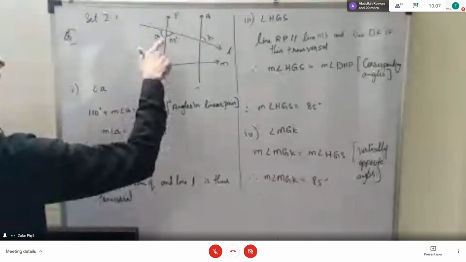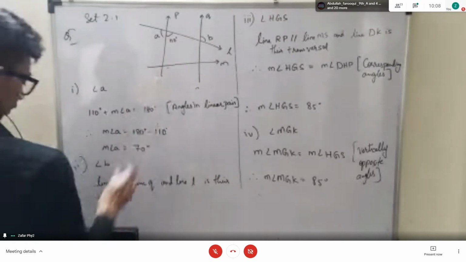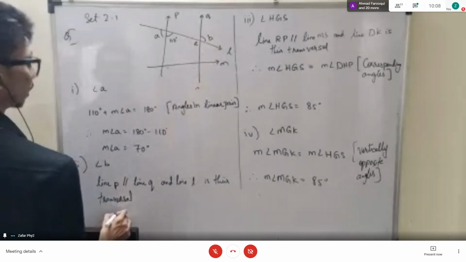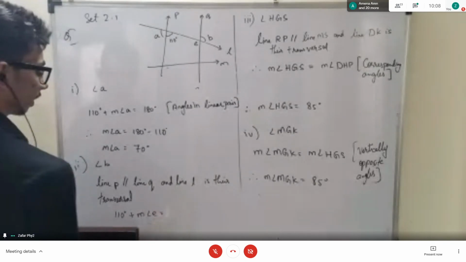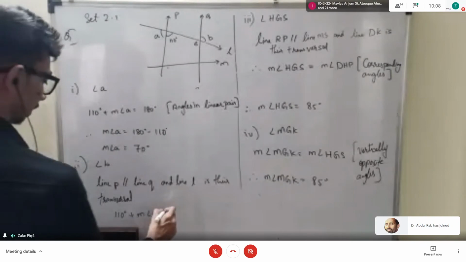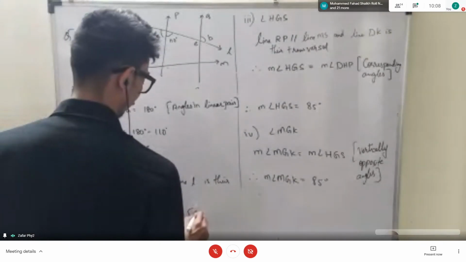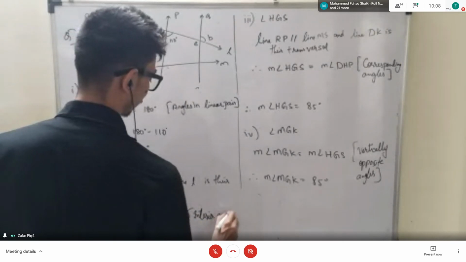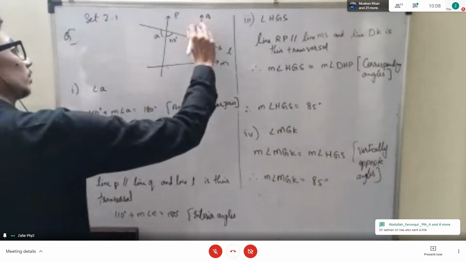definitely alternate बना के. Wait, this is not alternate. Okay, before that we have to go like this. We'll get E from here. 110 degree plus measure of angle E is 180 degree, and the reason is interior angles. ठीक है. हाँ ये alternate नहीं है, alternate यहाँ होता ना, right?